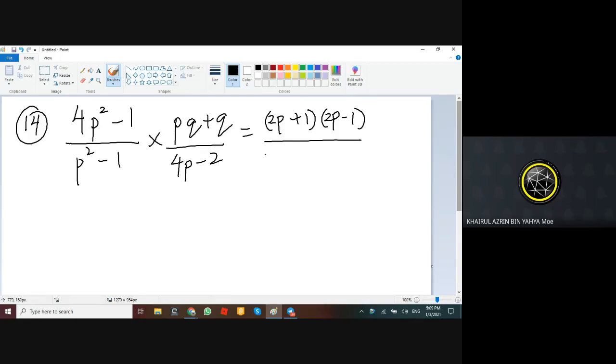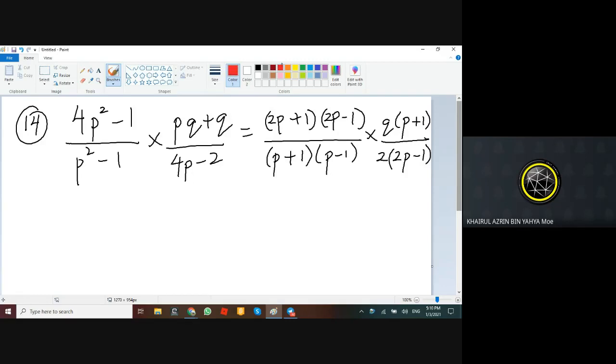Become P plus 1, P minus 1. Okay. So times with PQ plus Q. Q we can factor outside. Become P plus 1 over 4P minus 2. 2 we can factor, become 2P minus 1. Like this.